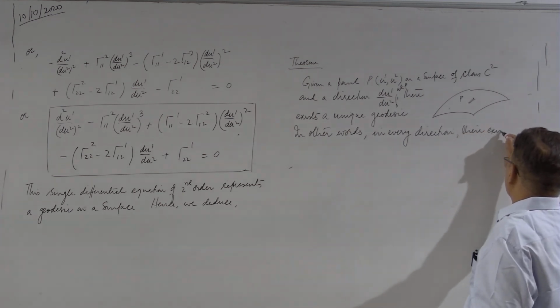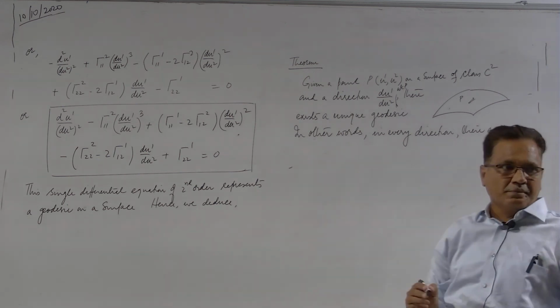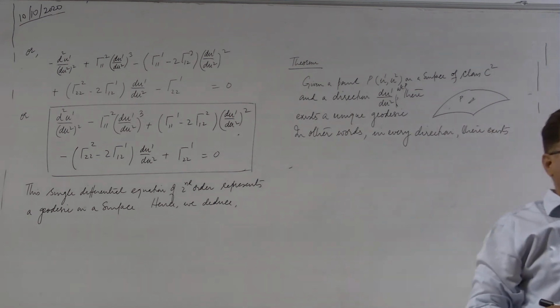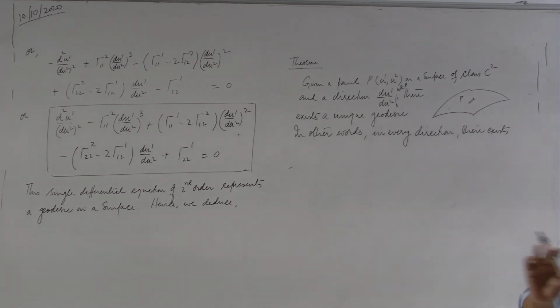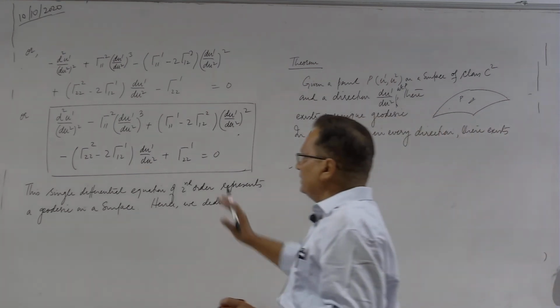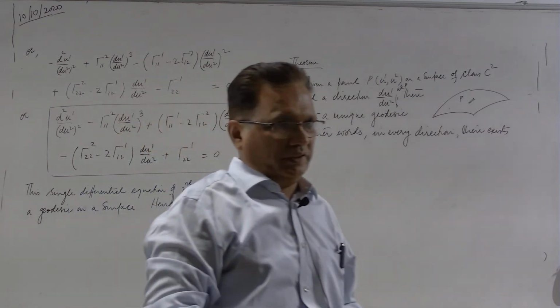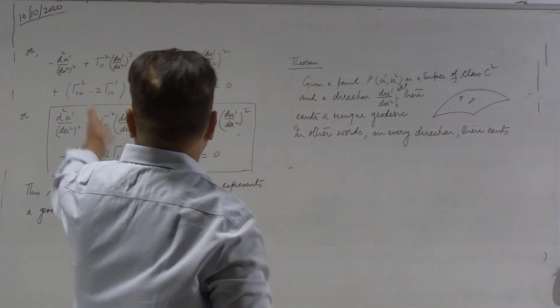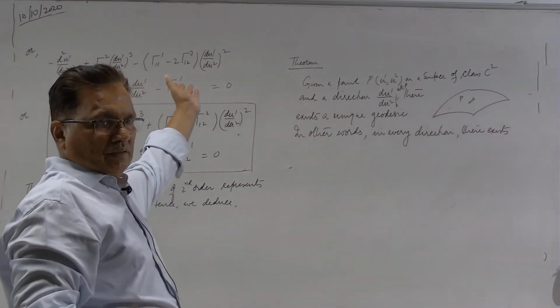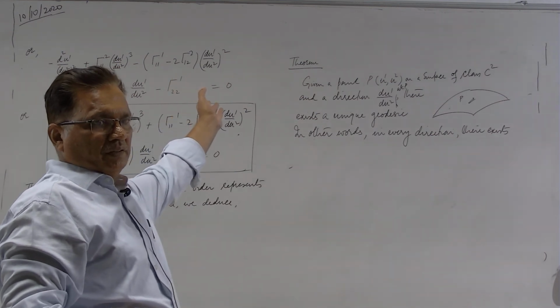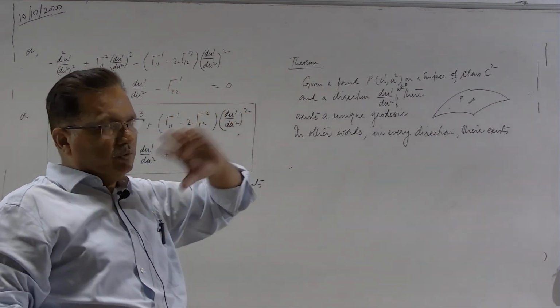When you want to find the geodesic of some curve on a surface, we have to solve this equation. Yes, this guarantees, you do not need to solve this equation. This equation just guarantees the existence and uniqueness of a geodesic. In fact, you can work out the original differential equations, which are in fact two differential equations.